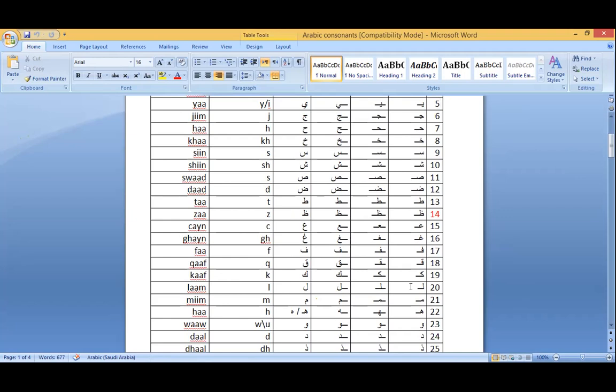There's a change in ka. That is serif. Yes, sir, there's a change in ka. Any other one? Do you agree or do you see any change in ka? This is ka isolated and this is ka initial. Yes. Adim, do you see any change?